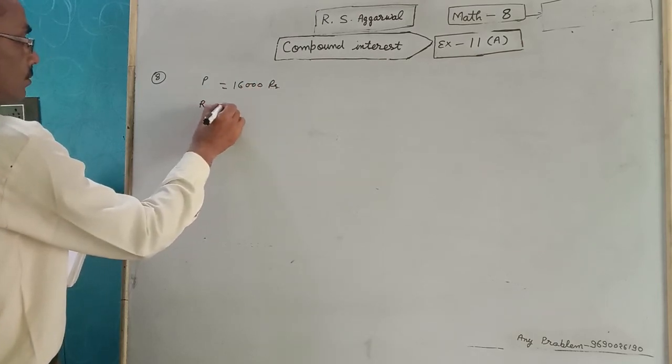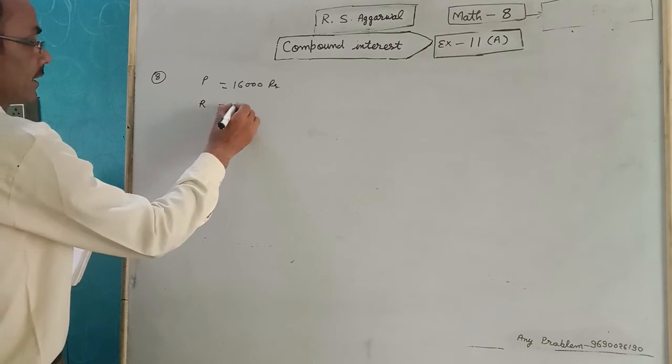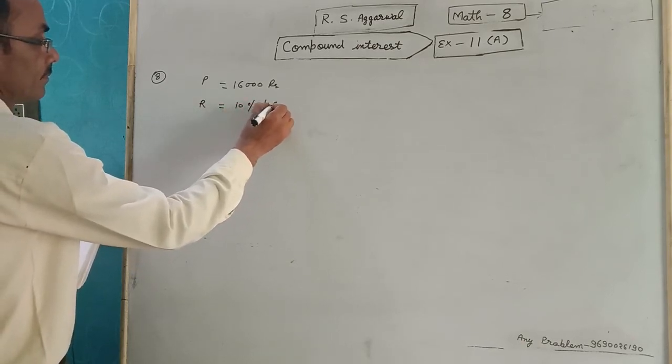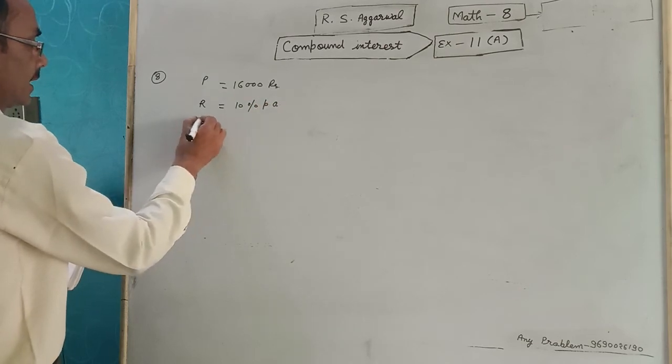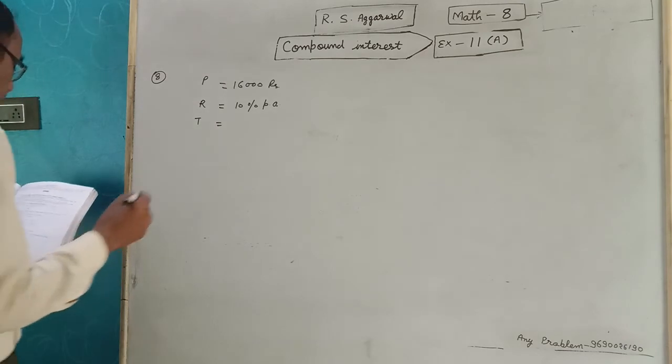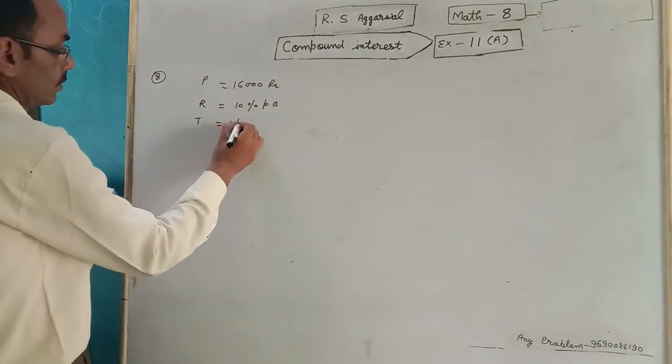R is equal to 10% per annum. Time is equal to 1 whole 1 upon 2 years.